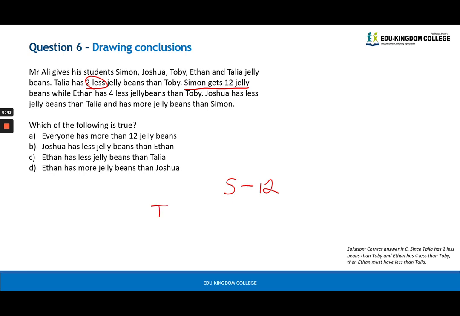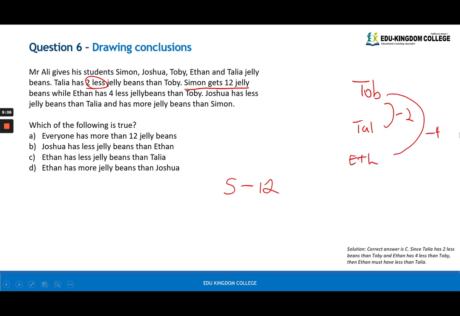So if Toby is here, then Talia is minus 2, and Ethan is minus 4.